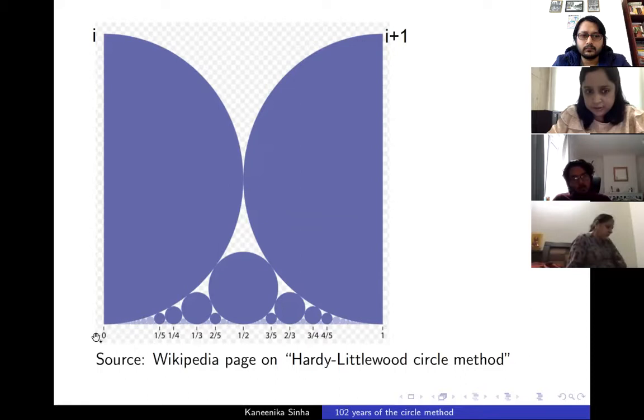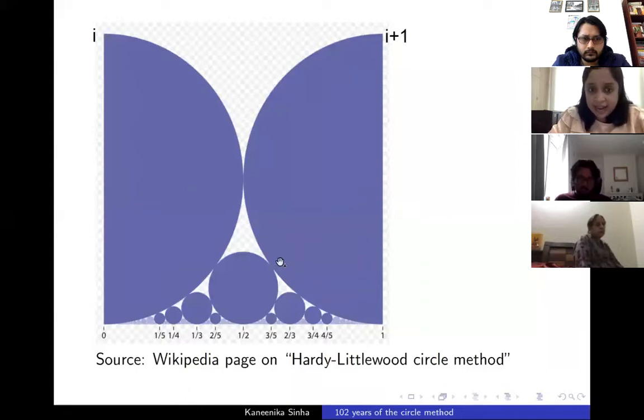So 0 and 1 are rational points with denominator 1, 0 over 1 and 1 over 1. You have to define these circles with appropriate radii so that any two Ford circles will either not intersect each other, or intersect each other at exactly one point.